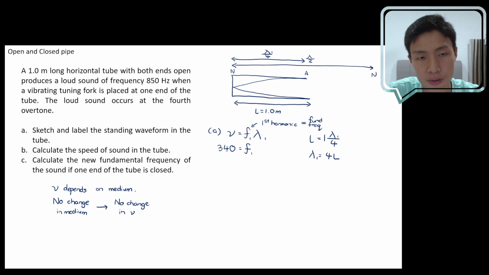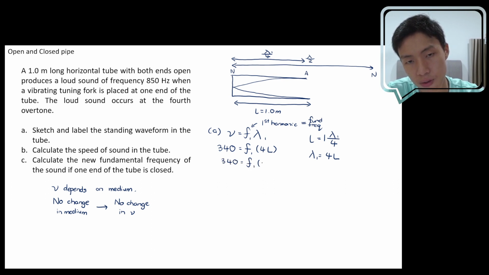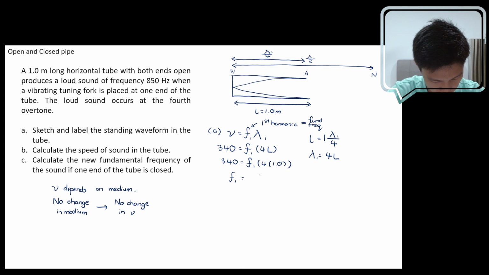So lambda 1 will be 4 times the length of the tube. Now we are left with substitution: f1 = 340 / (4 times 1 meter). Just divide by 4, and you get your fundamental frequency to be 85 Hz.